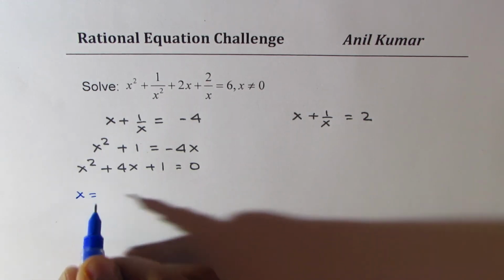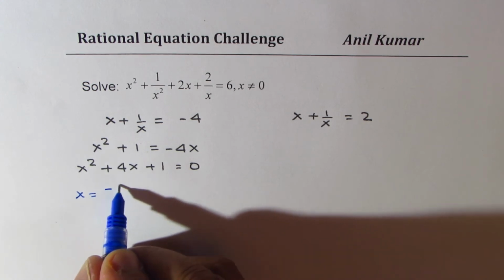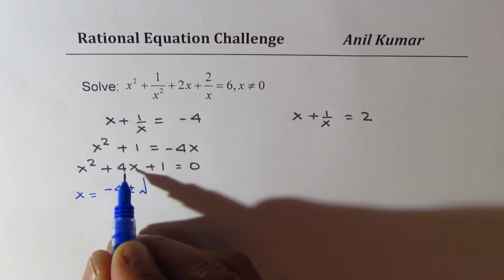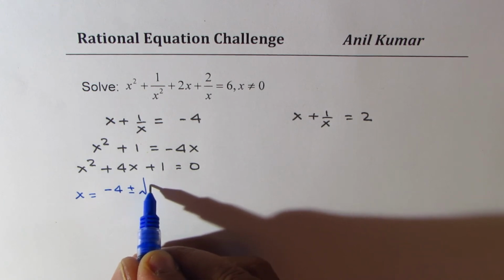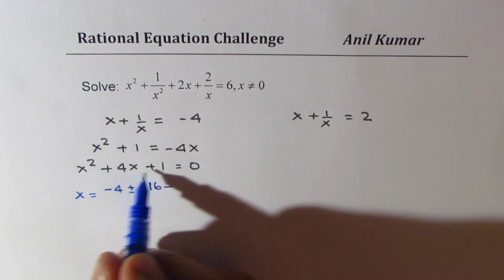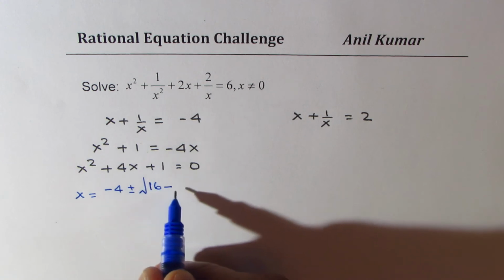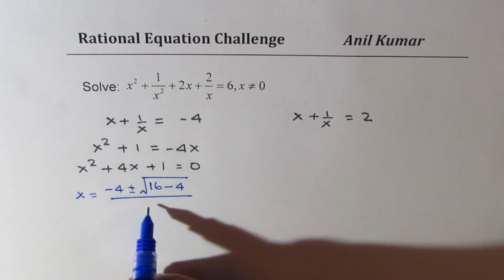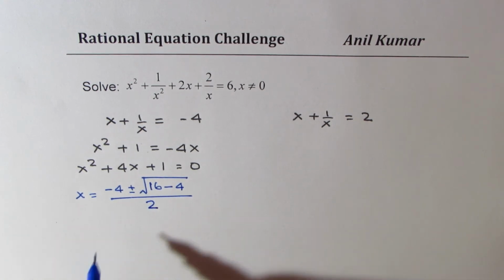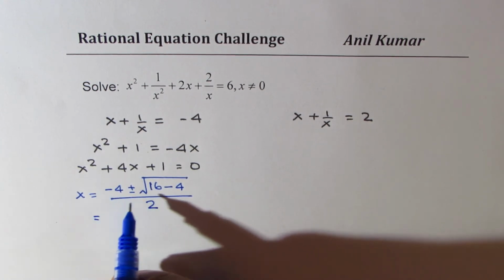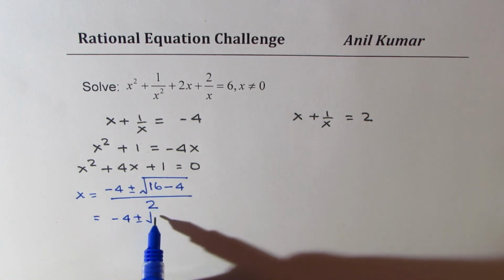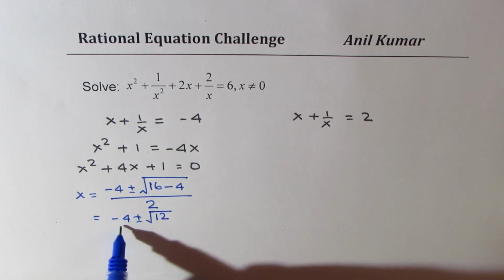So x is equal to minus b, which is minus 4, plus minus square root of b squared, which is 16, minus 4ac, which is 4 times 1, divided by 2 times a. So this will give us two values, minus 4 plus minus square root of 12 over 2.